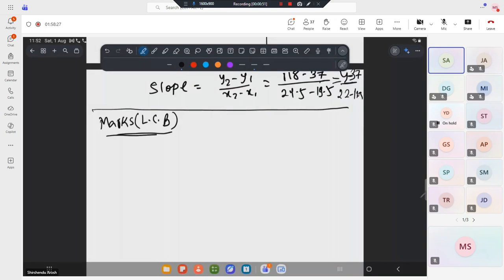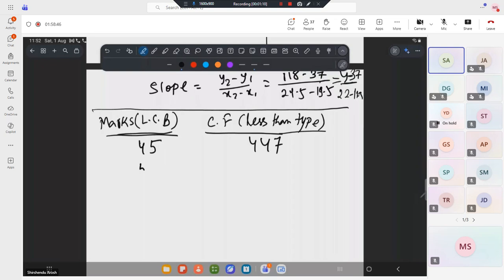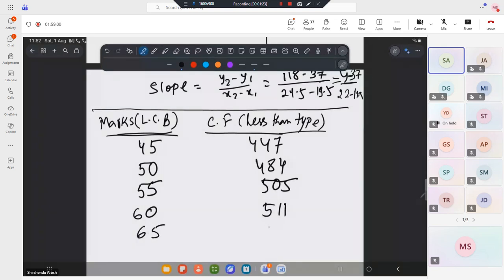Basically we have a problem where we are getting the class cumulative frequencies of the less than type. So this table is given to us: 7, 4, 8, 4, 5, 6, 5, 60, 511 and 65, 514.